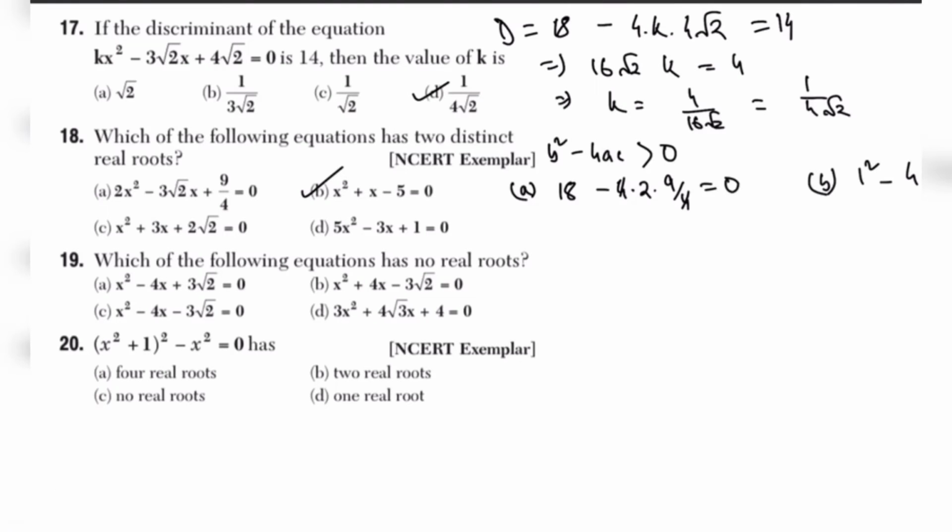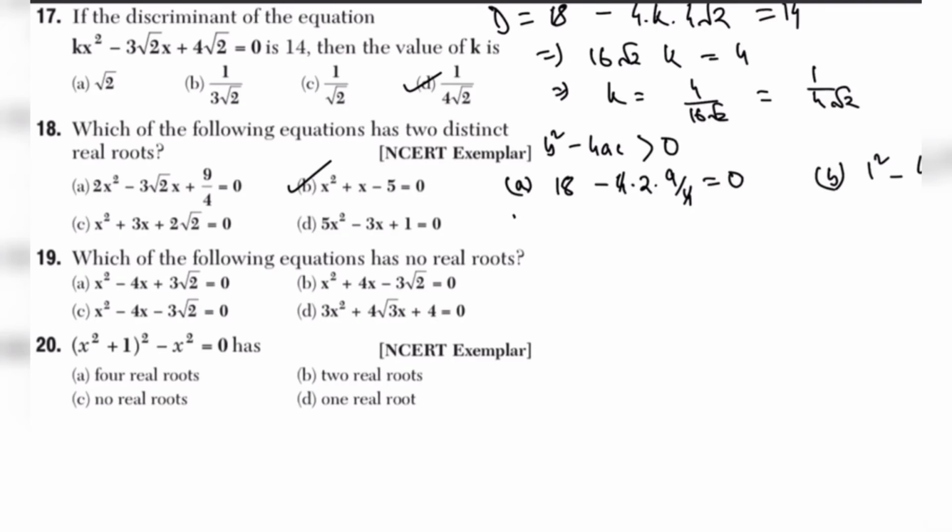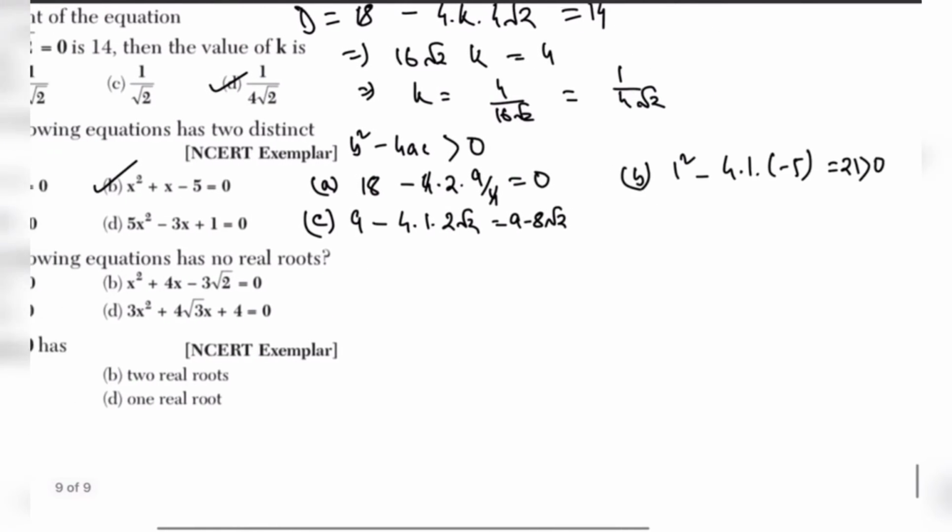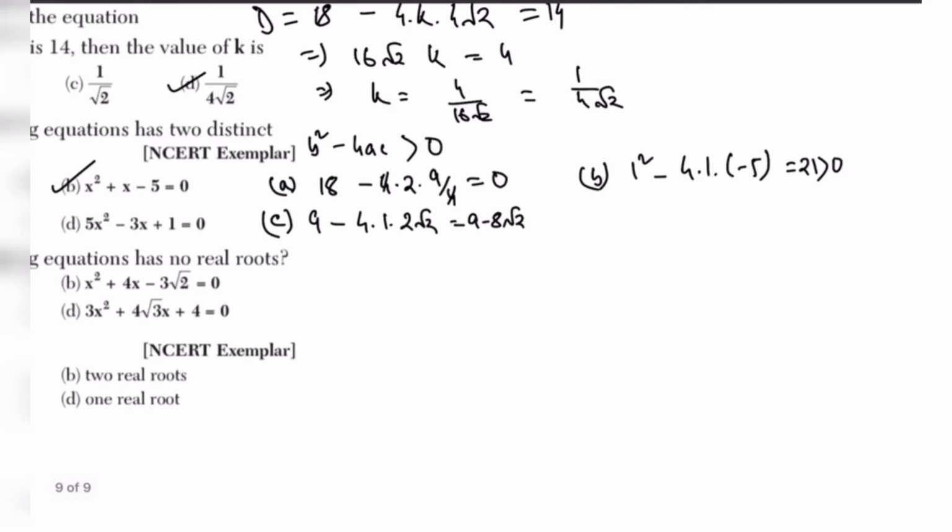Okay, let's do it. Maybe for option C, you have 3 square. So 9 minus 4 times 1 times 2 root 2 equals 9 minus 8 root 2. Root 2 is approximately 1.41. We are going to use this.